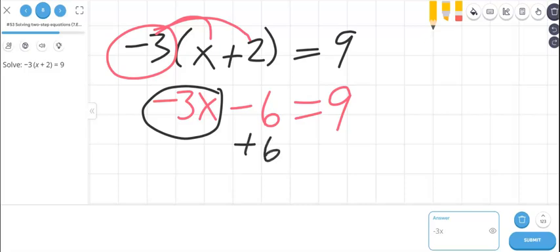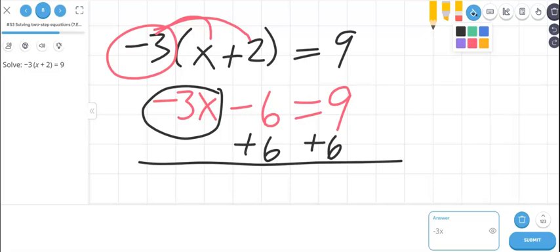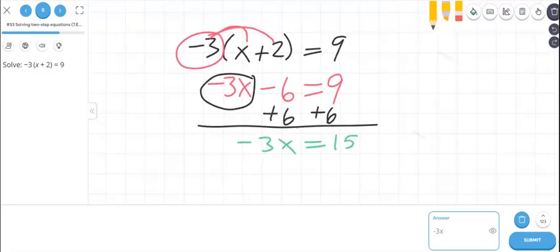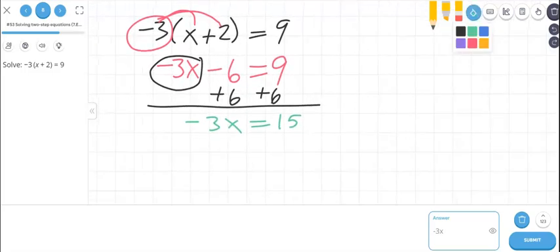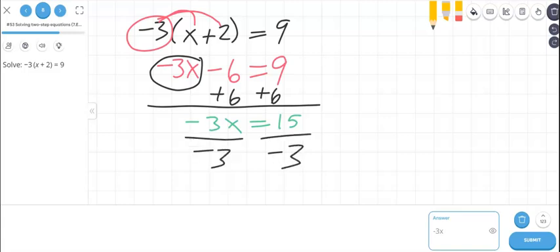So plus 6 plus 6. We end up with negative 3x equals 15. Give myself some more room. And now we're going to divide both sides by negative 3. So we get x equals negative 5.